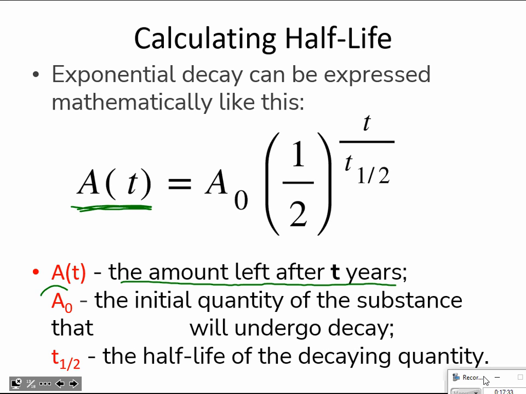The A sub 0 here is the initial quantity of the substance, so that's how much the substance was at 0 years. The T up here is the number of years that have gone by.